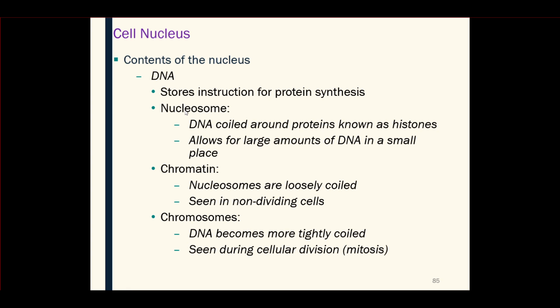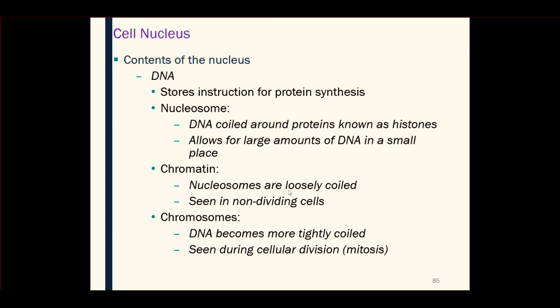Again, the nucleosome is just the DNA wrapped around those proteins known as the histones. There are usually 8 histones in those that have the DNA coiled around them. Now the DNA, when it's in a non-dividing cell, takes on a more loosely coiled appearance. Again, if you were to look at the microscope, you wouldn't be able to see the DNA. We call that DNA chromatin.